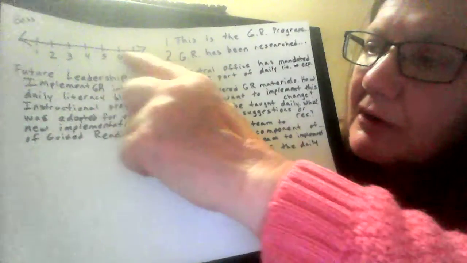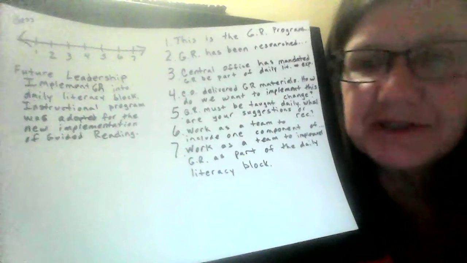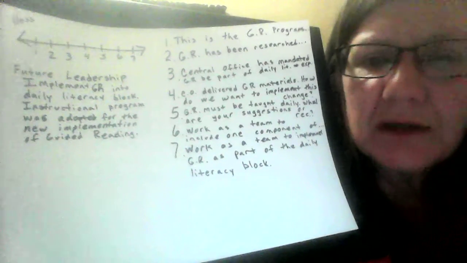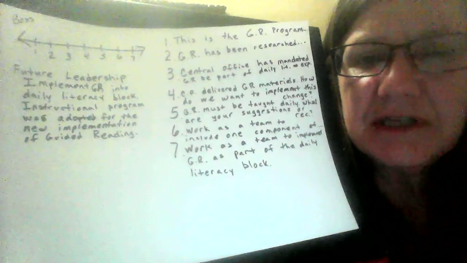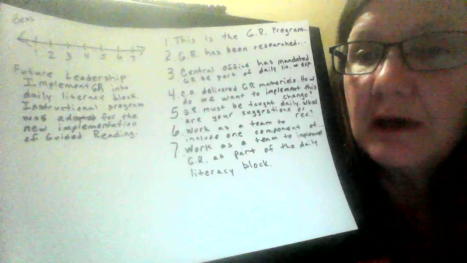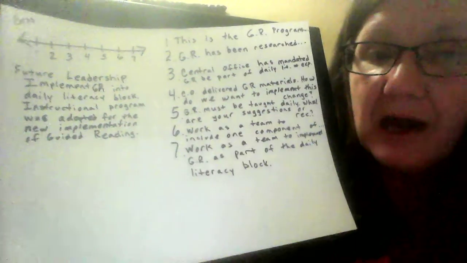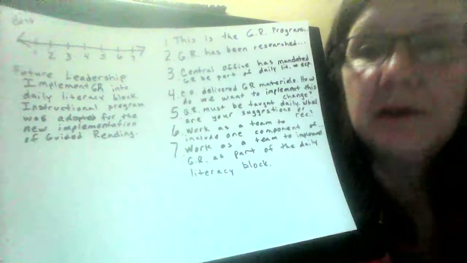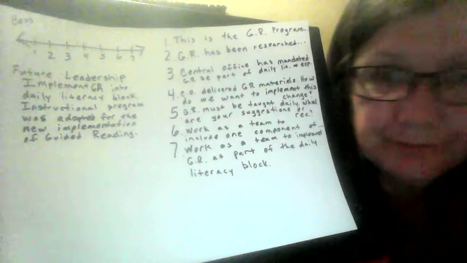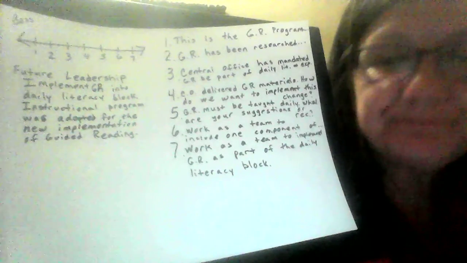So if you're up here on 6 on the continuum, your attitude or your response, the way you communicate, is work as a team to include one component of the guided reading implementation. And a 7, which would be top, you'd be completely allowing the teachers to implement it, trusting them.